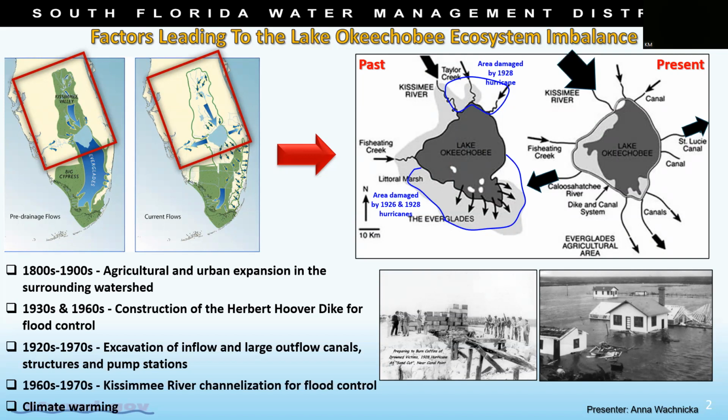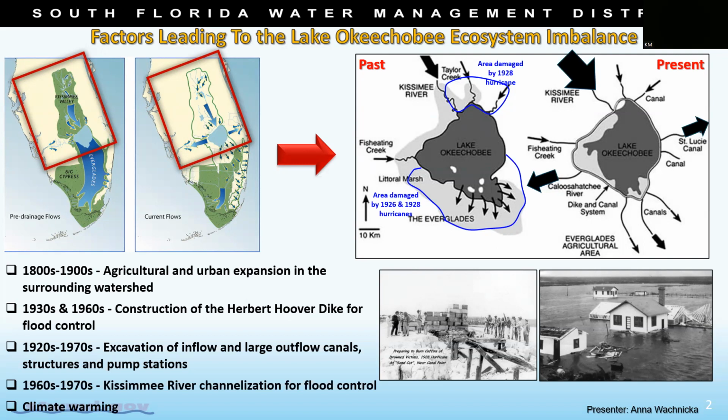So in the 1930s, the government decided to build a much stronger, taller dike that surrounded the southern part of the lake, and also the area between the Kissimmee River and the Taylor Creek Nubbin Slough region. That was done to protect farmlands to the south and to the north from flooding that could occur again after hurricanes.